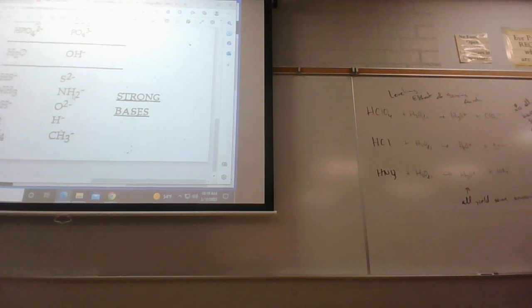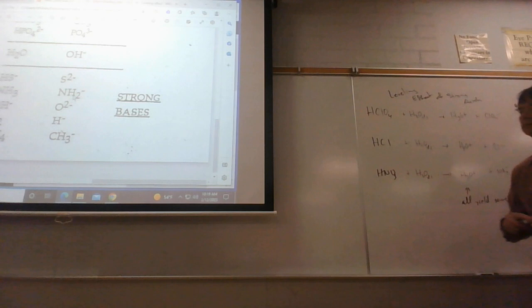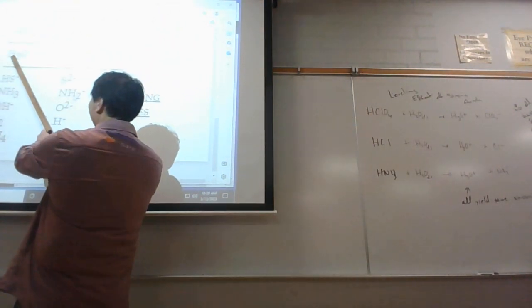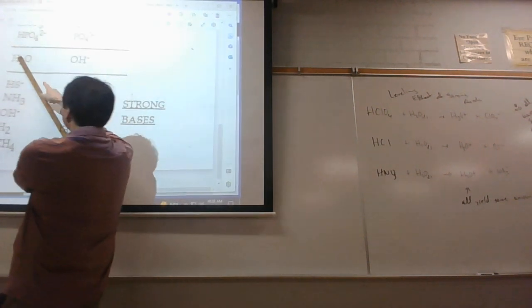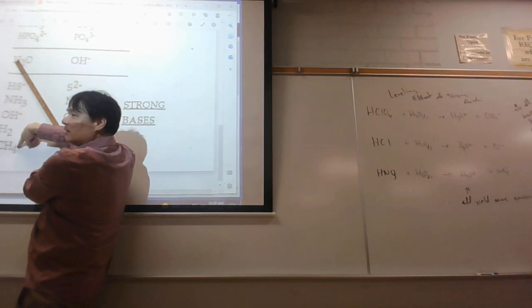And so if I have methide, you're never going to get this in solution because methide is going to attack water, and what is it going to form? Hydroxide. So methide plus water forms hydroxide and, I'm trying to think of the name.